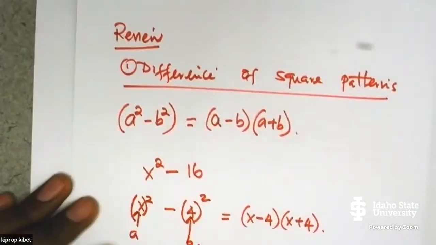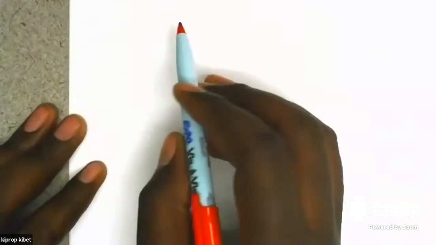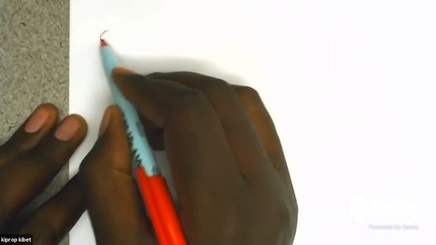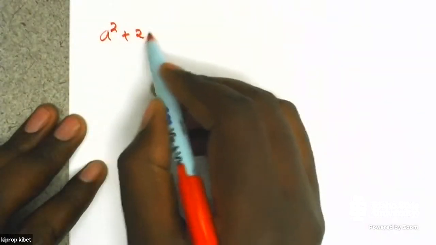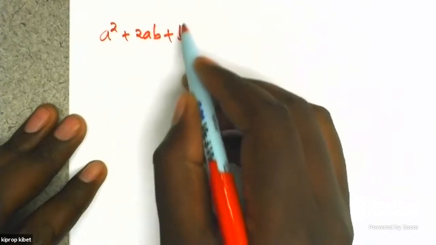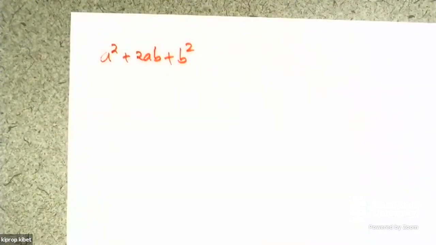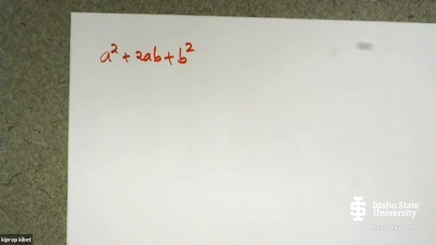Now, if we have the perfect square trinomials, like let's say a square plus 2ab plus b square, then what is this?